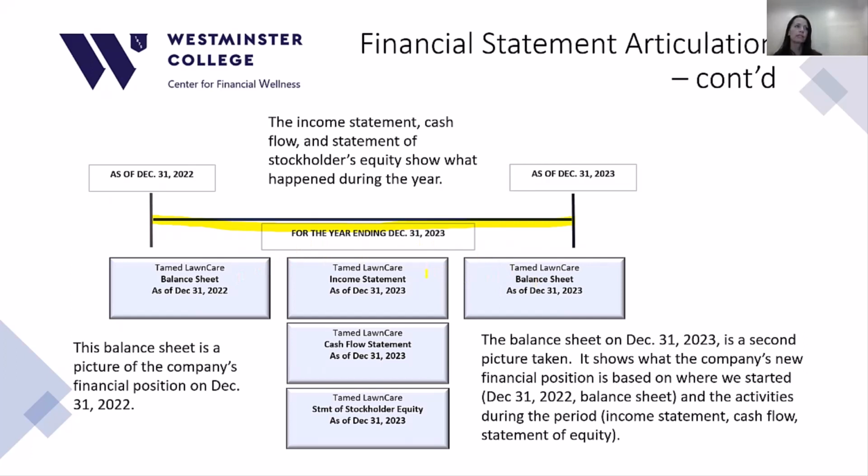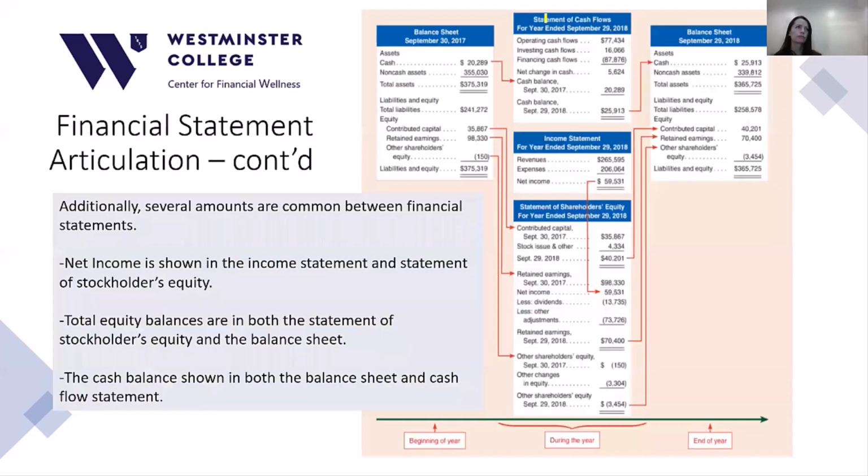Well, the financial statements that explain the changes are the income statement, the cash flow, and the stockholders' equity. Each one explains the changes from a different perspective, as we've already talked about. But I provided this so you could just see how the financial statements actually are very tied together. All right, and the next slide is going to show it even more in detail.